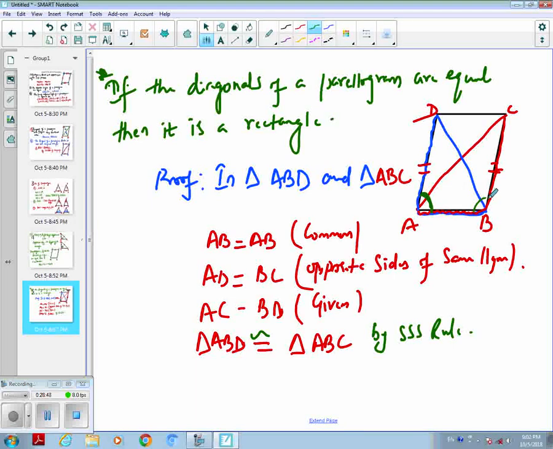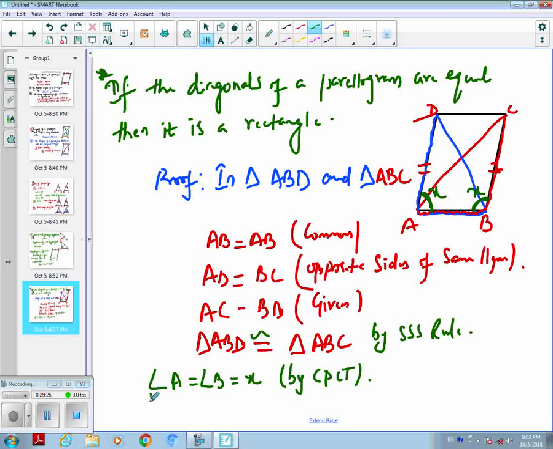Now, since both these triangles are congruent, therefore angle A of triangle ABD is equal to angle B of triangle ABC, and let both these angles be X. Angle A is equal to angle B is equal to X by CPCT. Now, we know that adjacent angles of a parallelogram are equal to 180 degree.